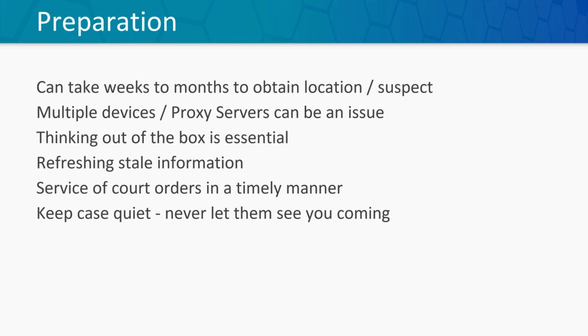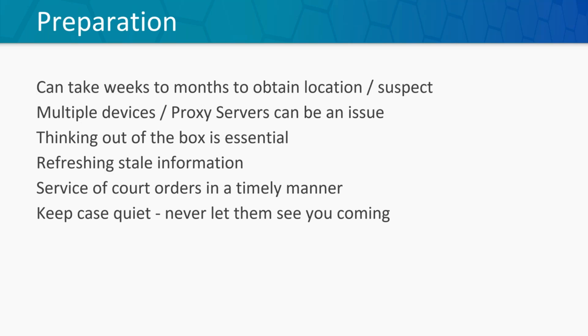Think about how you're going to get information on somebody that's using a proxy server. It takes you a while to figure out, first, where the proxy server is. Is it something you're going to be able to serve paper on? If I serve paper on them, how long do they hold this information? Those are all the types of things you're going to have to go through to get there.